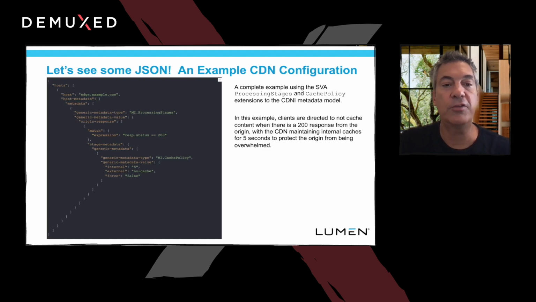So that's a typical example of how the SVA extension, in this case the processing stages and cache policy extensions, fit into the standard framework of the host's configuration structure.